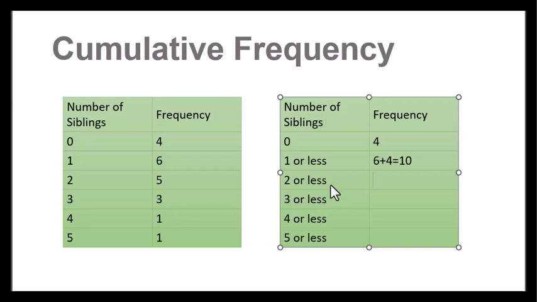This would be 4 plus 6 plus 5, just those 2 and below numbers from before. This is 15. And we can keep going through all of these values. So my cumulative frequency table shows 1 or fewer siblings has a frequency of 10, 2 or fewer 15, 3 or fewer 18, 4 or fewer 19, 5 or fewer 20.